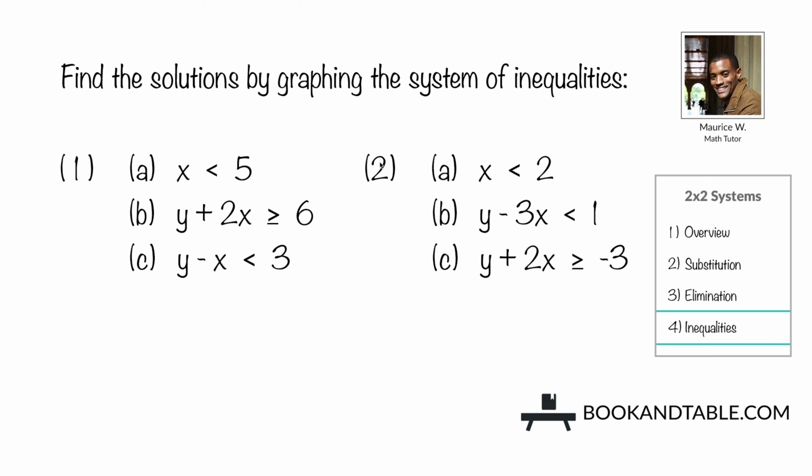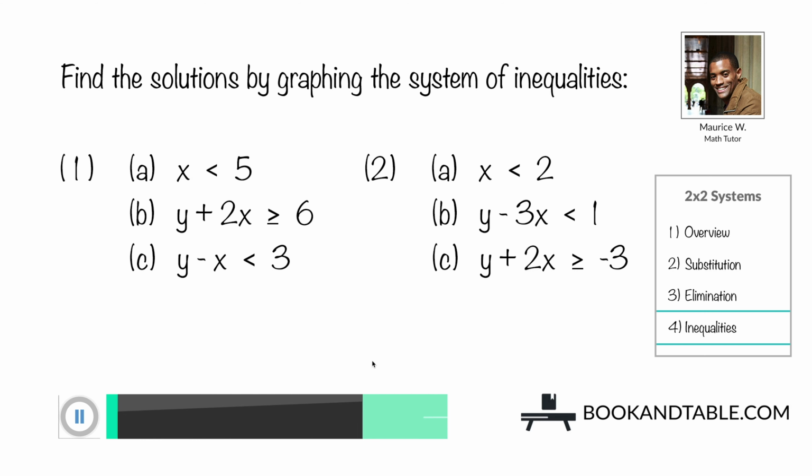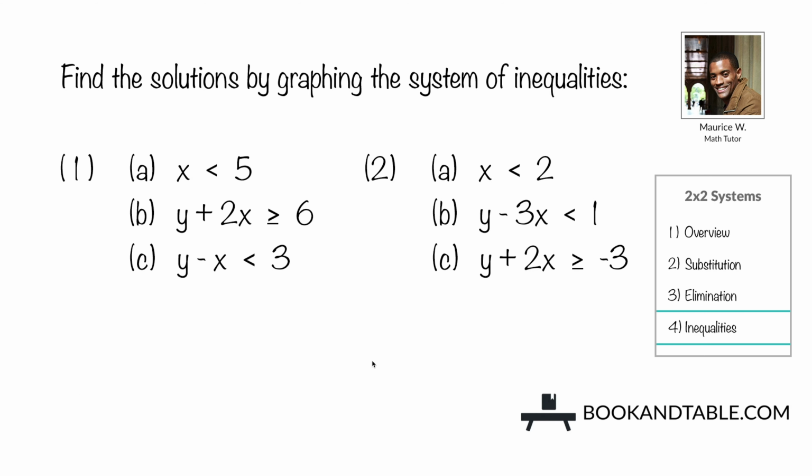Question number 2, inequality A, x is less than 2. Inequality B, y minus 3x is less than 1. And inequality C, y plus 2x is greater than or equal to -3. Pause the video, answer these questions, and then press play when you are ready to begin.